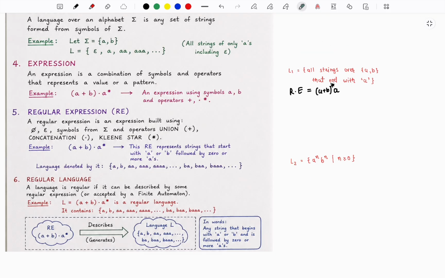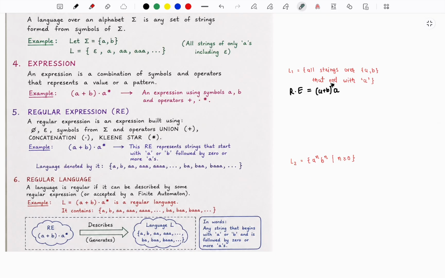Now another way to identify whether the given language is regular or not is to ask one question. Do we need to count anything for this language? The answer is no. Why? Because we only need to check the last symbol, that is A. If the last symbol is A, accept the string.